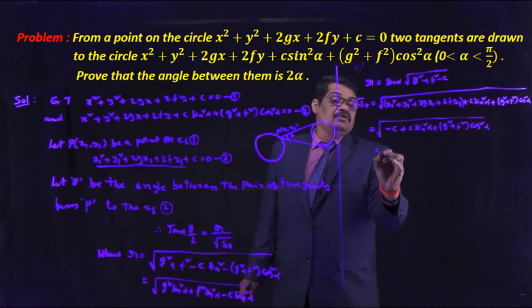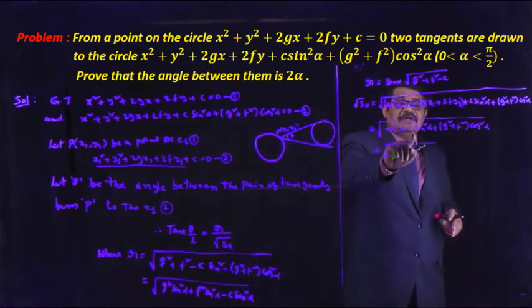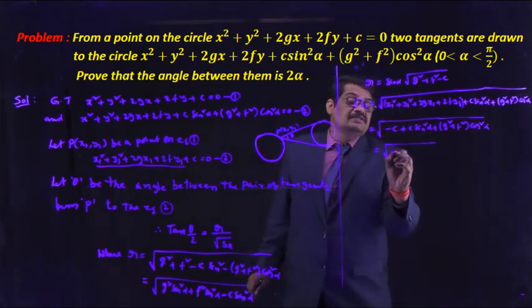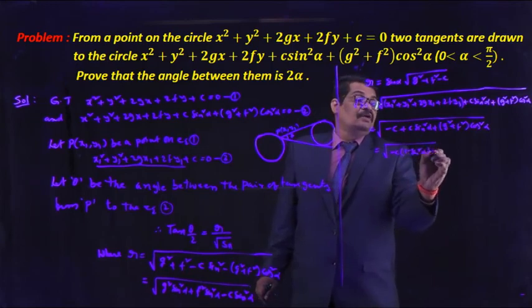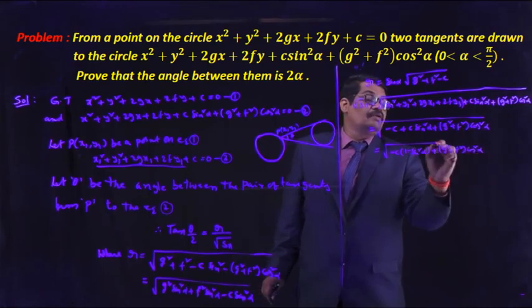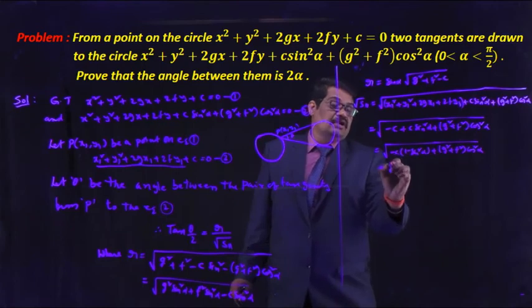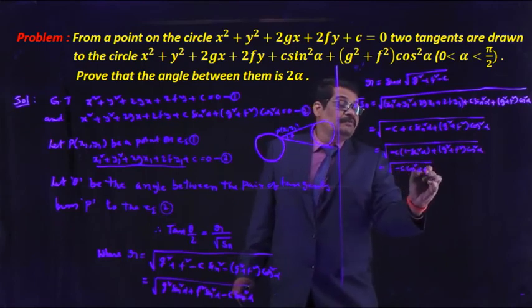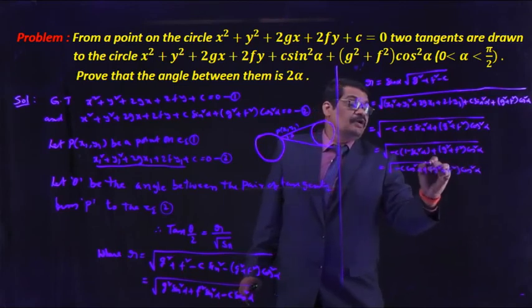That is equal to minus c plus c sin square alpha. We are getting a common minus c, then 1 minus sin square alpha plus g square plus f square cos square alpha. What is 1 minus sin square alpha? Cos square alpha. That is minus c cos square alpha plus g square plus f square into cos square alpha.